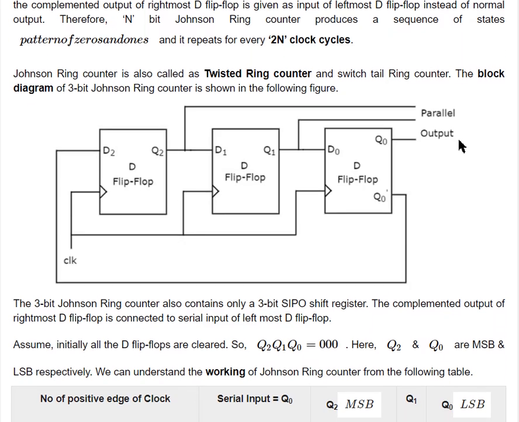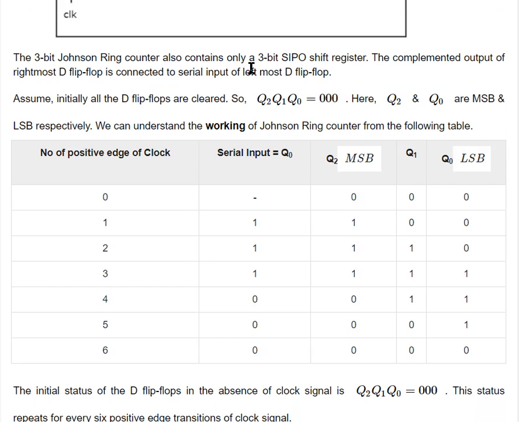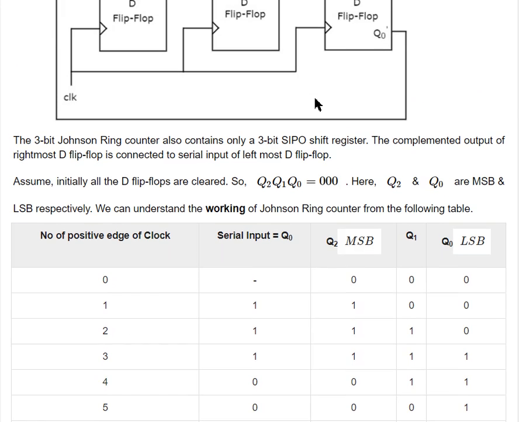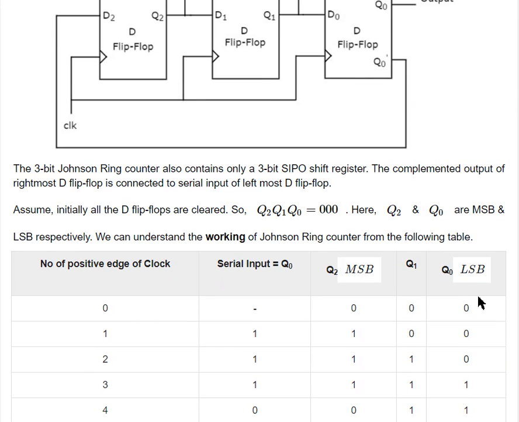Consider again a 3-bit shift register with Q2, Q1, Q0 initially having 000. On the first clock cycle, this LSB is 0, but we are not applying the 0 value; we are applying Q bar, because these two outputs are complementary to each other. So if the LSB is 0, we apply 1 on the MSB side, so it becomes 100.